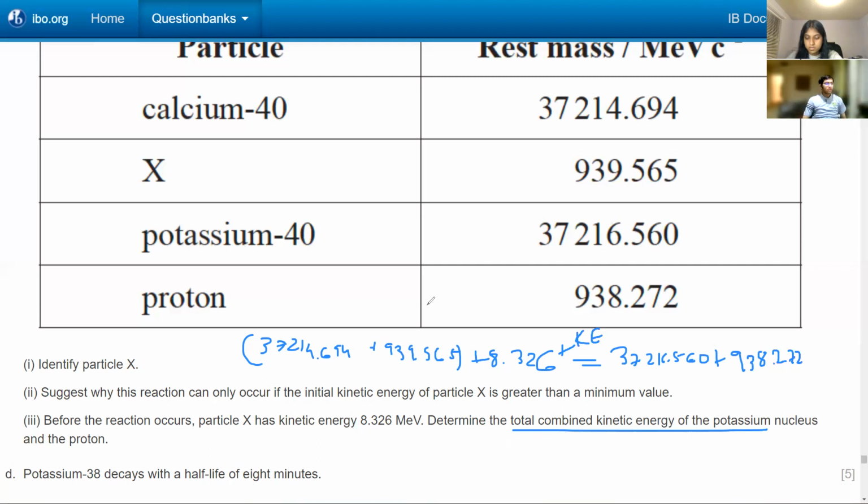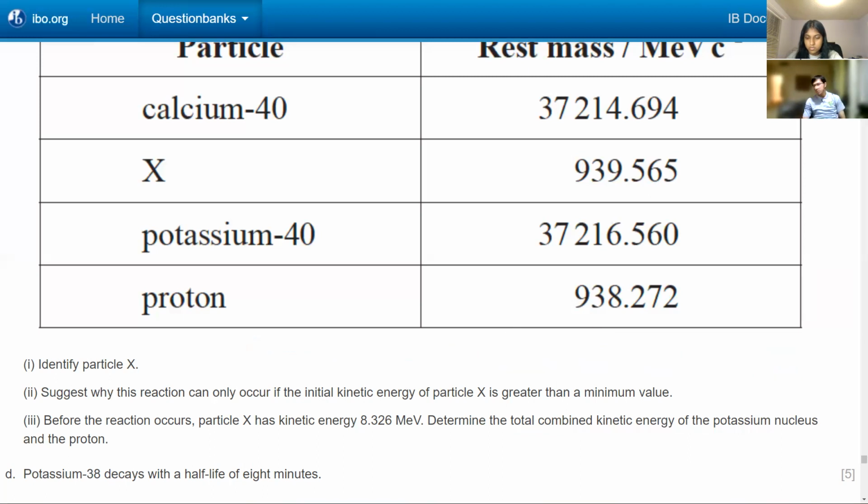I think this 8.326 is actually on the other side. Or I don't know. This is where I get confused. I think there was a quiz on that. It was 0.573. Okay, so the energy difference is 0.573. So you subtract that from 8.326.